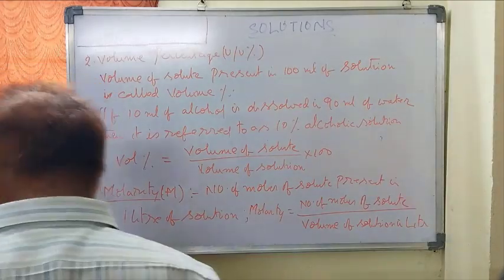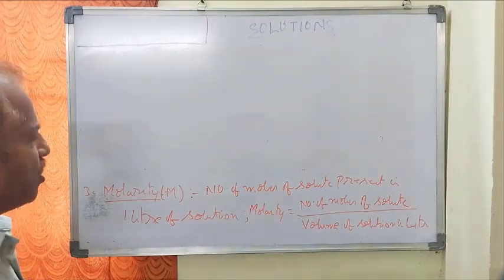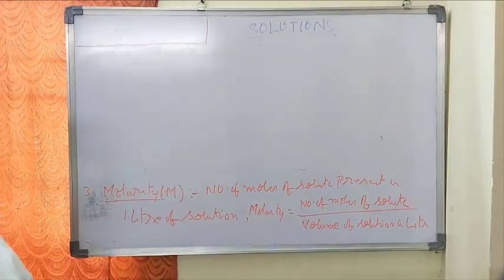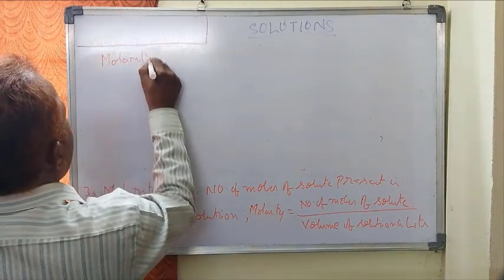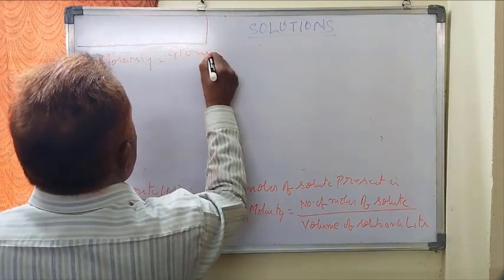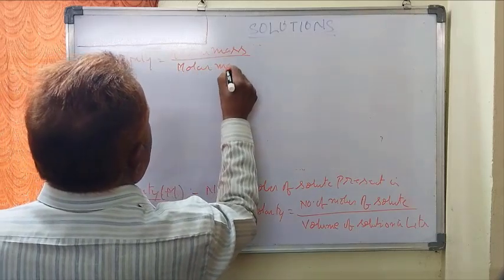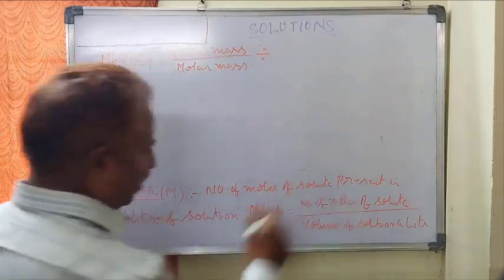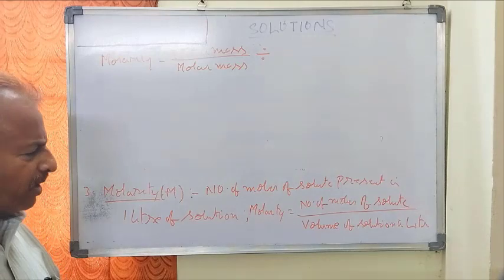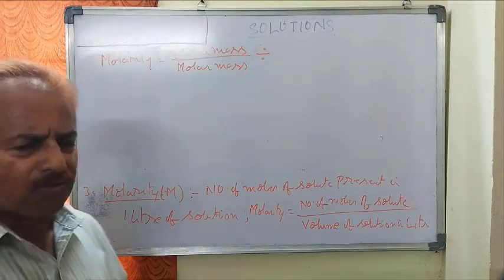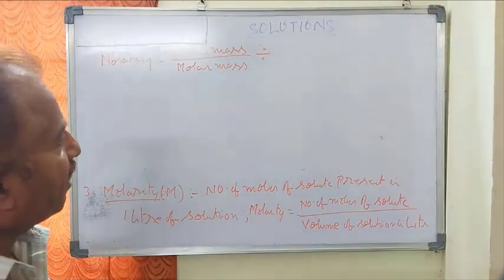Now let us move further. How do we find the number of moles? The number of moles can be found by given mass by molar mass. So molarity equals given mass by molar mass divided by volume of solution. The volume of solution, in most cases, is given in milliliters. We know that 1 liter equals 1000 ml, so the volume given in milliliters can be converted into liters by dividing by 1000.